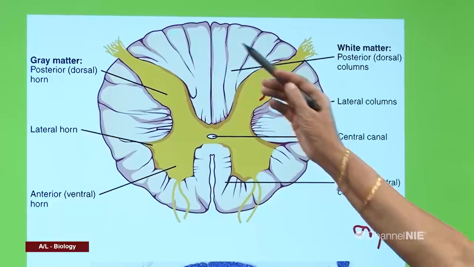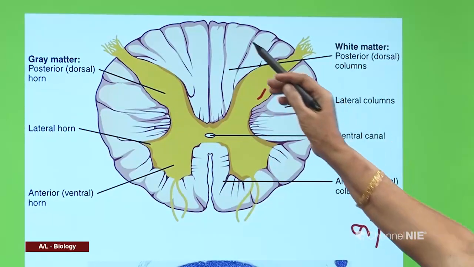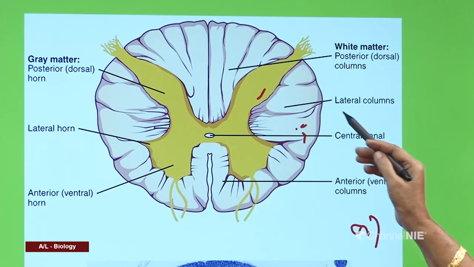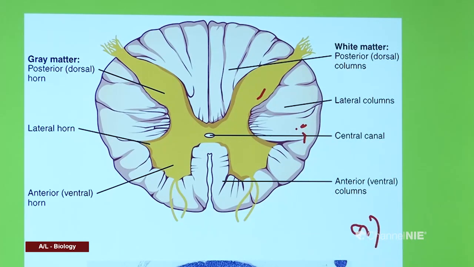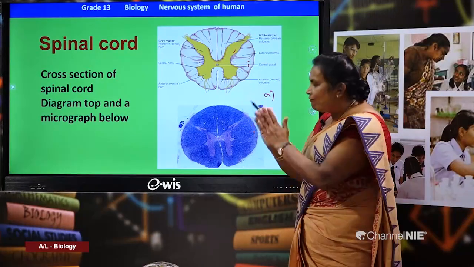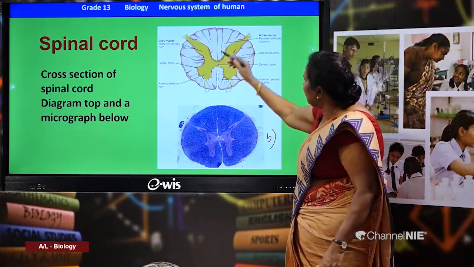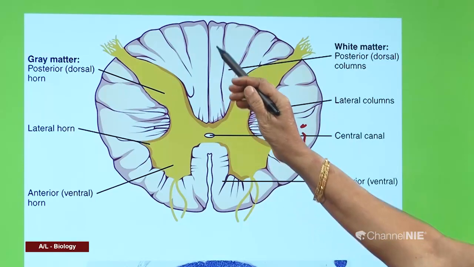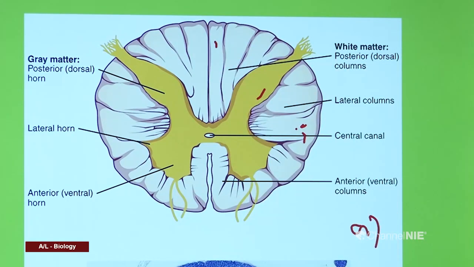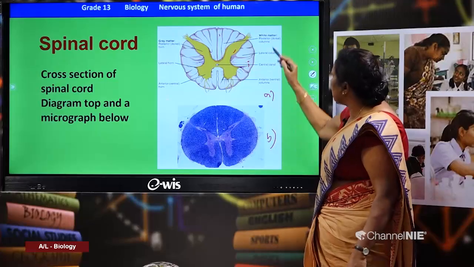Surrounding this, the rest of the region is called white matter. It is roughly divided into two sides by certain structures, which we do not need to know about in detail.